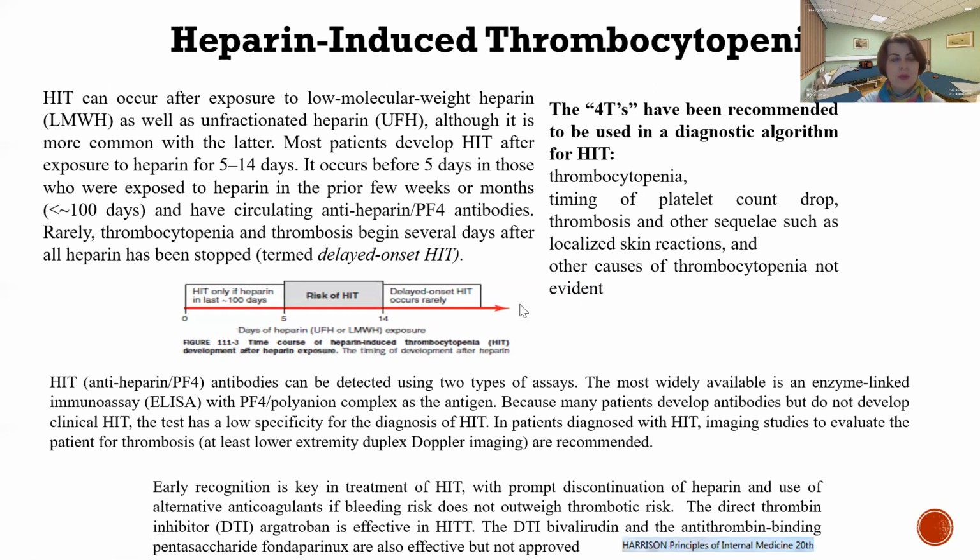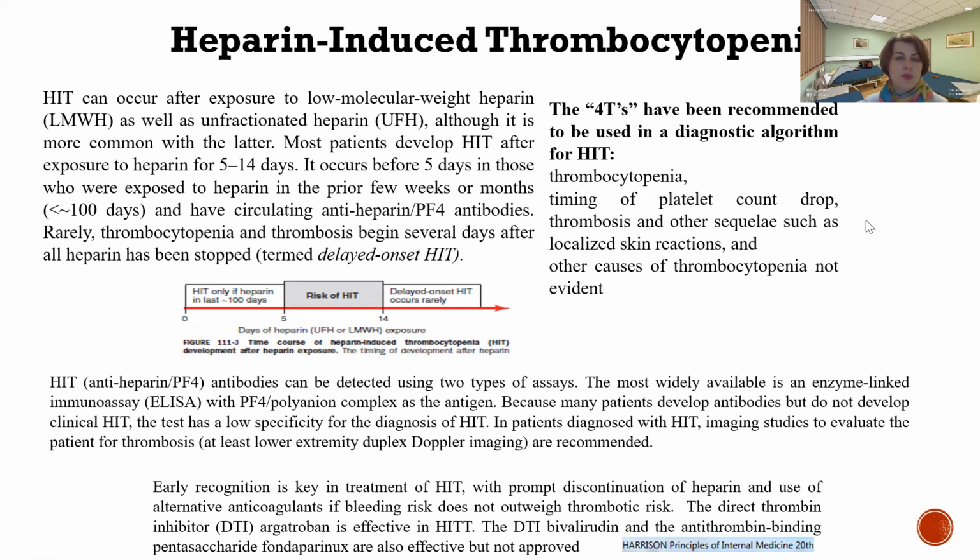Heparin-induced thrombocytopenia can occur after exposure to low molecular weight heparin as well as unfractionated heparin, and is more common with the latter. This type of thrombocytopenia usually presents 3 to 4 days into treatment, but can also appear up to 14 days into treatment with heparin.